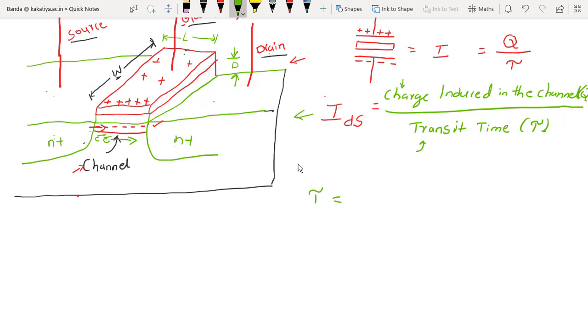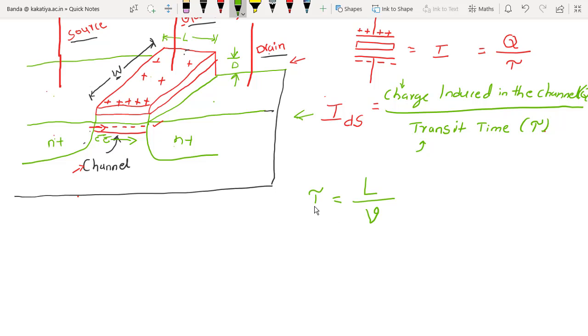So the transit time, written as tau, will be the length of the channel divided by the velocity each electron has. This L is the length of the channel, and this is the width of the channel.